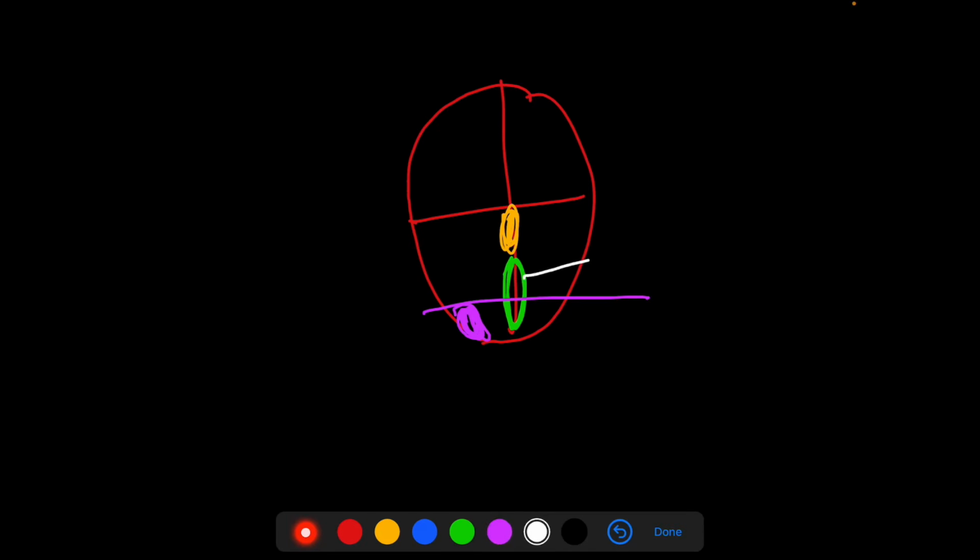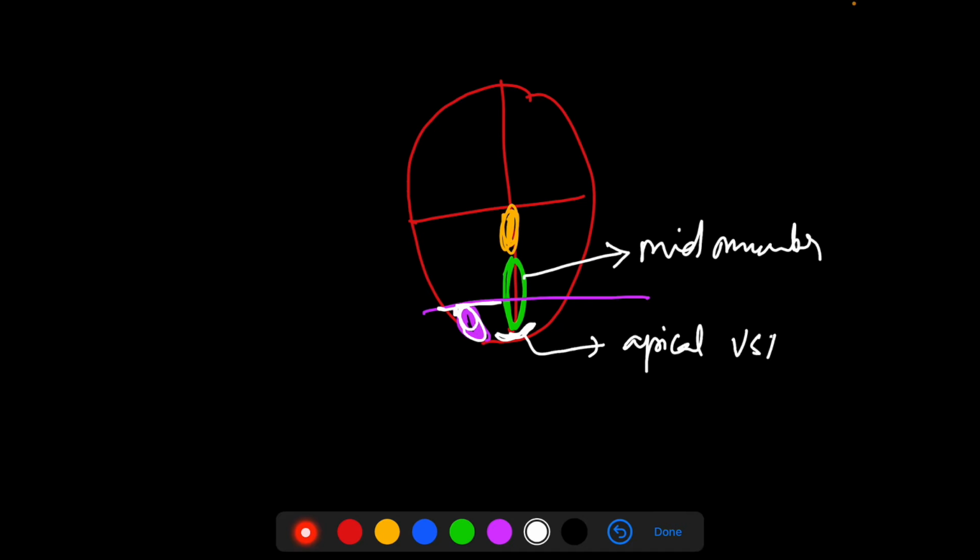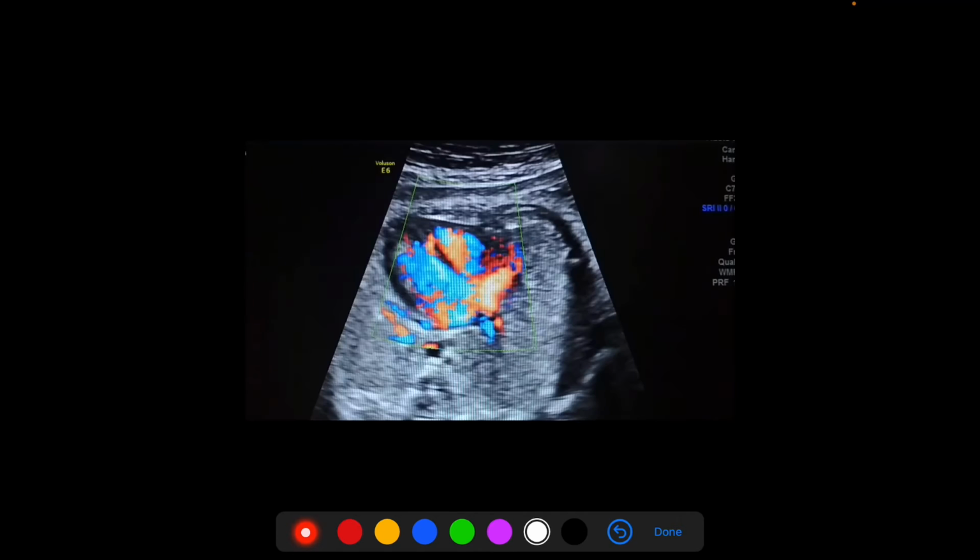This is a mid-muscular VSD, and if it is below the level of the moderator band, then these defects will be called apical VSD, apical muscular VSD. And in the perimembranous, the lower level will be inlet VSD and the upper level will be outlet VSD. So these are the types.